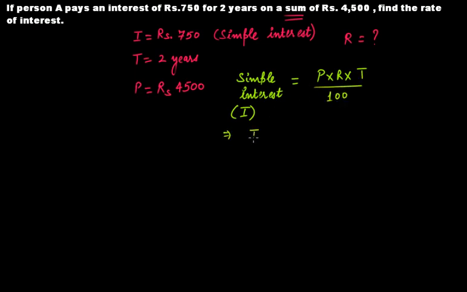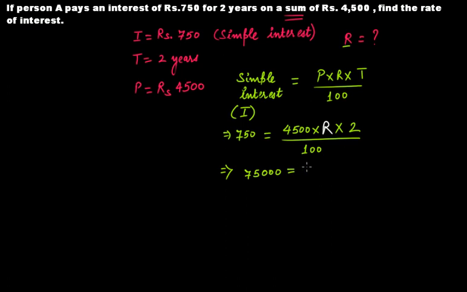It means I is equal to P, which is rupees 4,500, times R, that we have to calculate, times T, which is 2 years, divided by 100. What's the interest? Interest is 750.